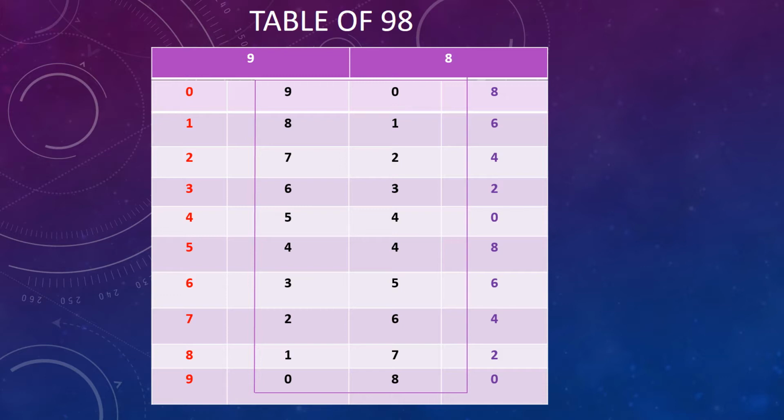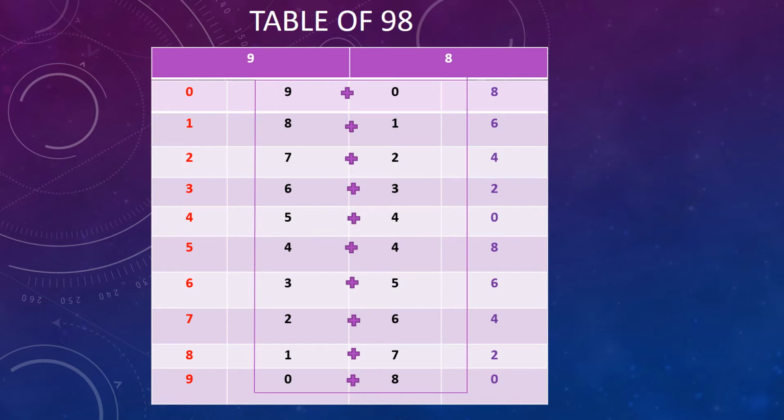So I wrote the first column in red color, the second two columns in black color and the last one in blue color, so that I can explain with the help of colors how to do it. Now we are going to start, and one thing you have to take care of: if 9 into 1 is 9, you have to write it as 0, 9, not only 9.